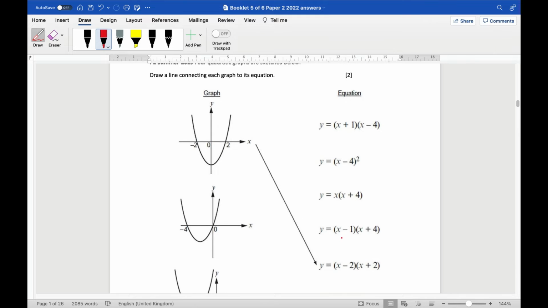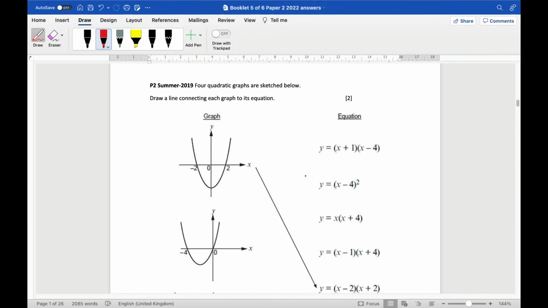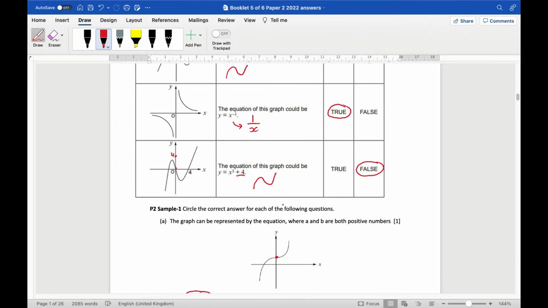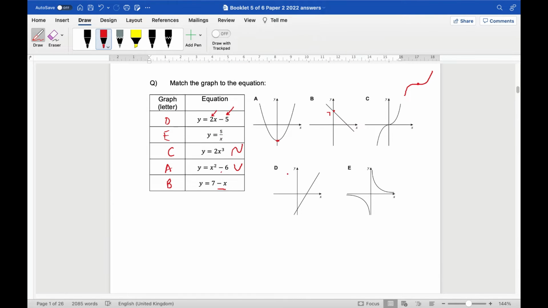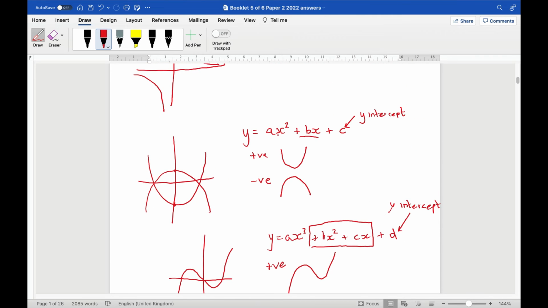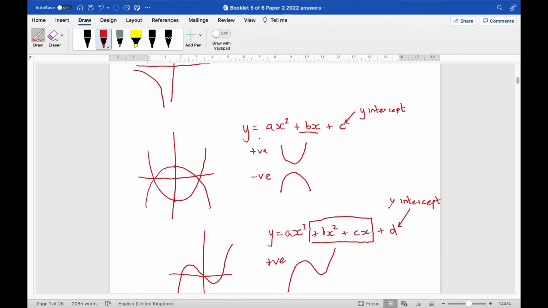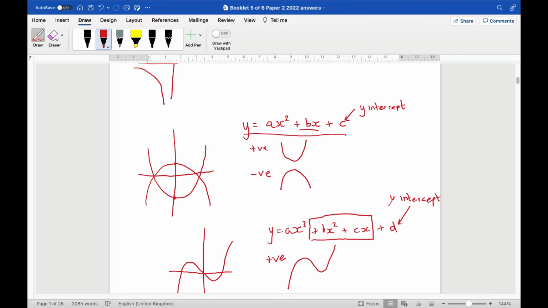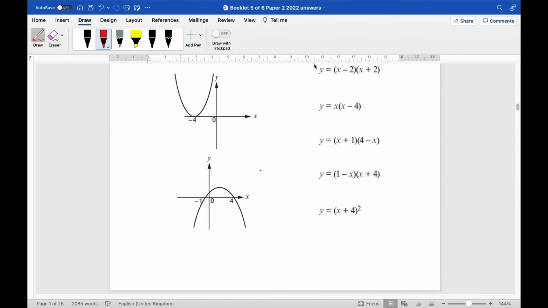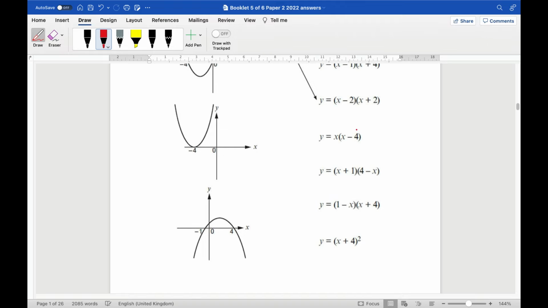On to these. Now, slightly different thing. If the quadratic, okay, has been factorized for you, right? If the quadratic, like this one here, has been factorized for you, then your solutions to the factorized brackets are where they cut the x axis.